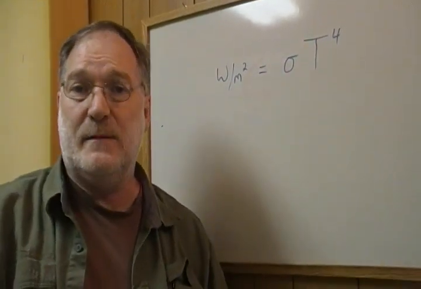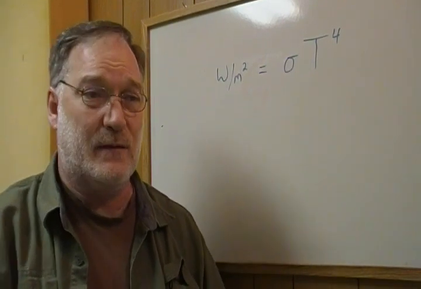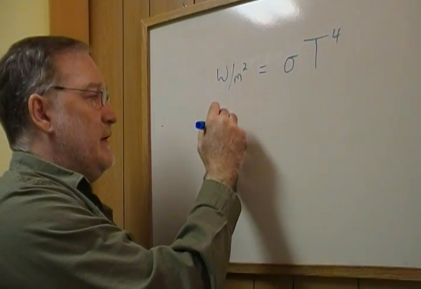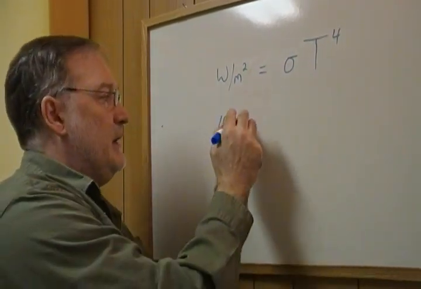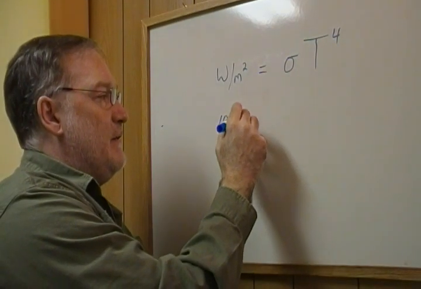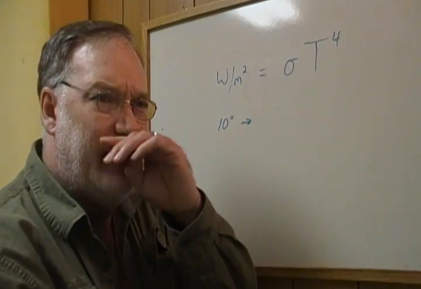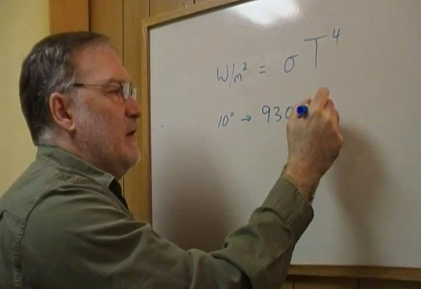Okay, that error is magnified when you apply it to real temperatures and real amounts of radiation. So for instance, if we take 10 degrees latitude on a blackbody Earth, the amount of radiation is going to be 930 watts per square meter.